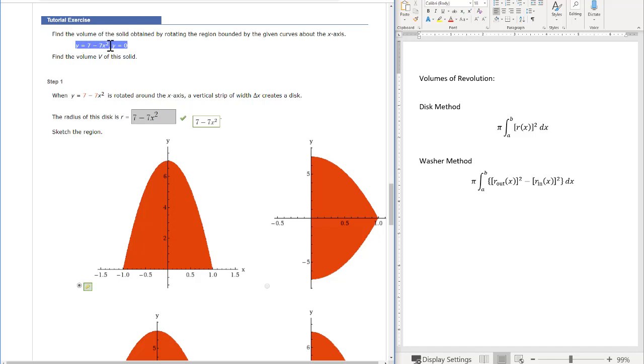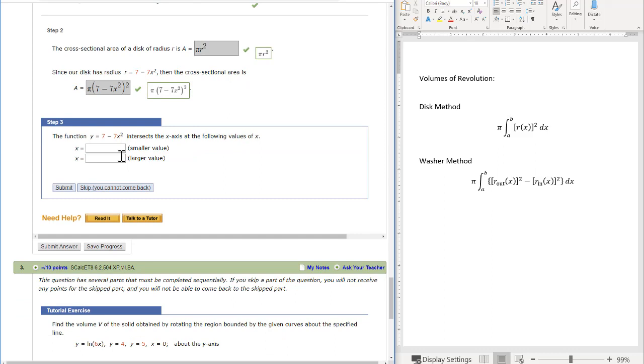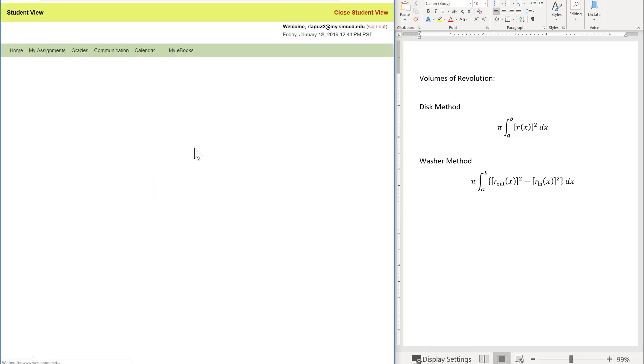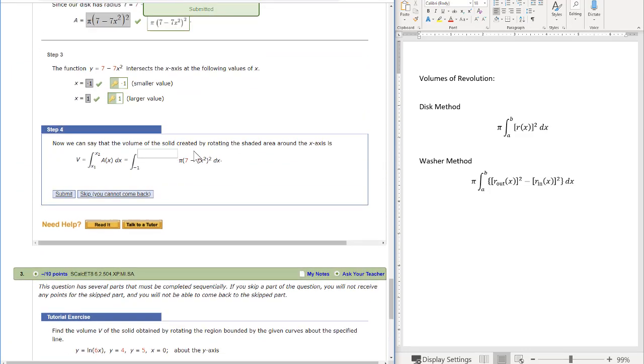So 7 minus 7x squared equals 0. We can divide out by 7, and it's going to be x squared equals 1. You solve for that, you get plus and minus 1. So minus 1 is the lesser number, positive 1 is the larger number, and so those are your x value limits.